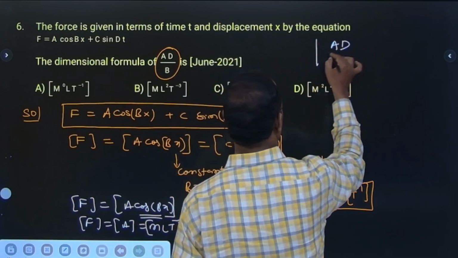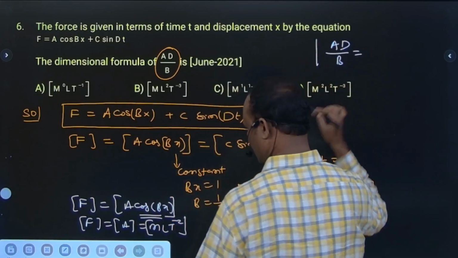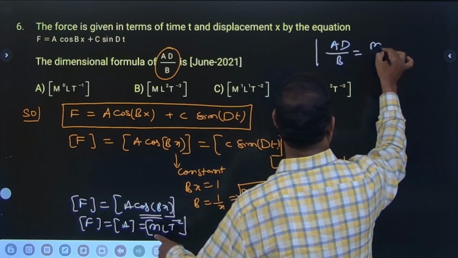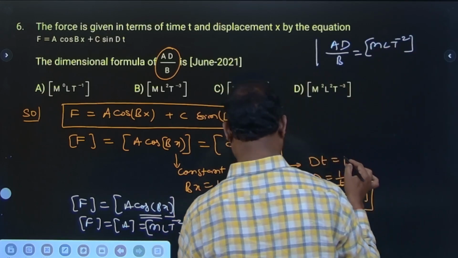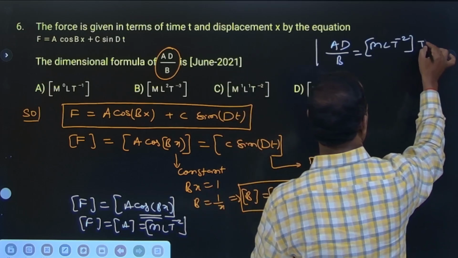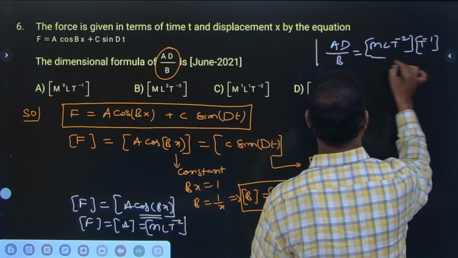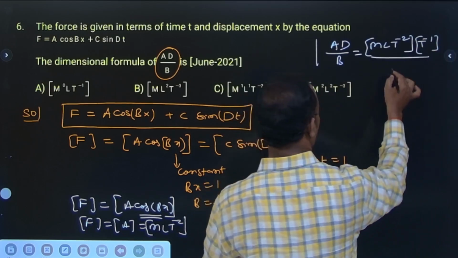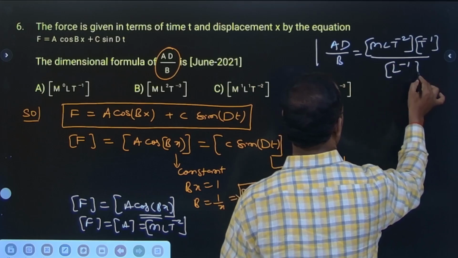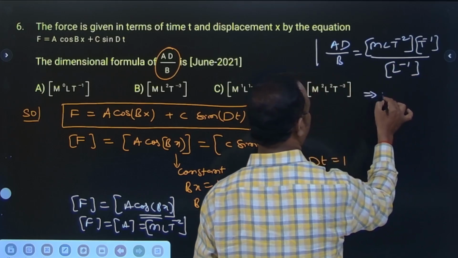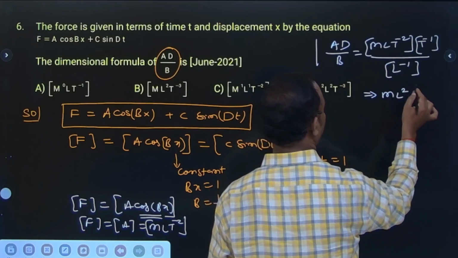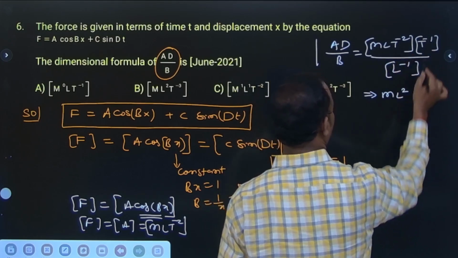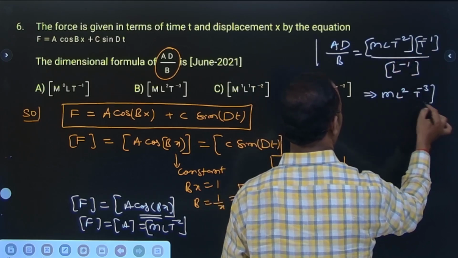AD by B. A is MLT minus 2, into D, which is T minus 1, by B, whose dimension formula is L minus 1. Check it: M L minus 1, this becomes L square, next T minus 2 minus 1, T minus 3.